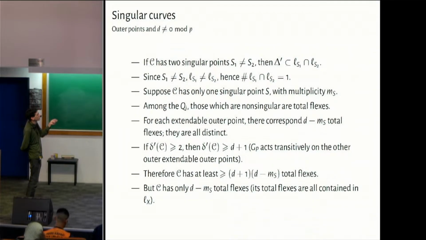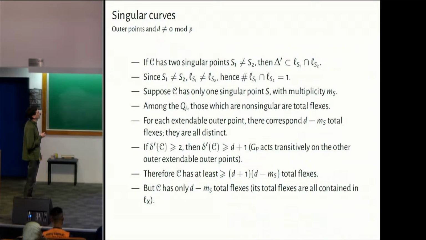But this intersection here is a singleton, because any two distinct lines in the projective plane intersect in just one point. So if the curve had two different singular points, you would have just one outer extendable Galois point.